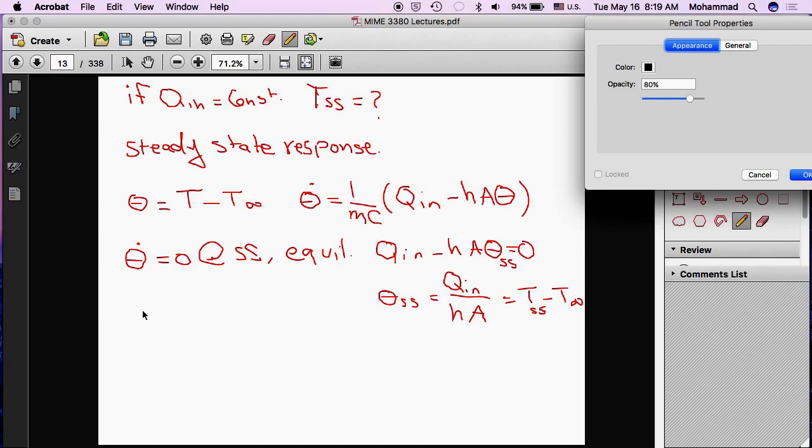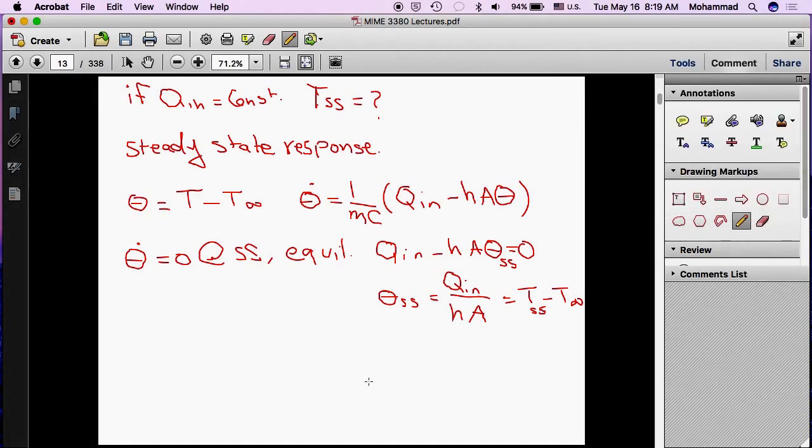So we're talking about capital T, which is temperature of the chamber versus time.